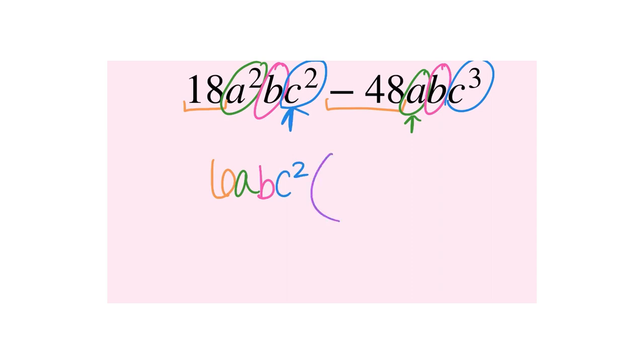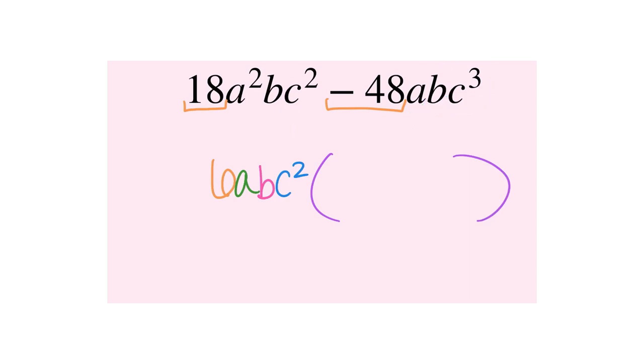So we're going to go ahead and write our parentheses, and then we're going to divide and see what we would have left over. If I divide this entire term by 6abc squared, let's see what we would have left. 18 divided by 6, that's 3. If I divide the a's, I would have 1a left.